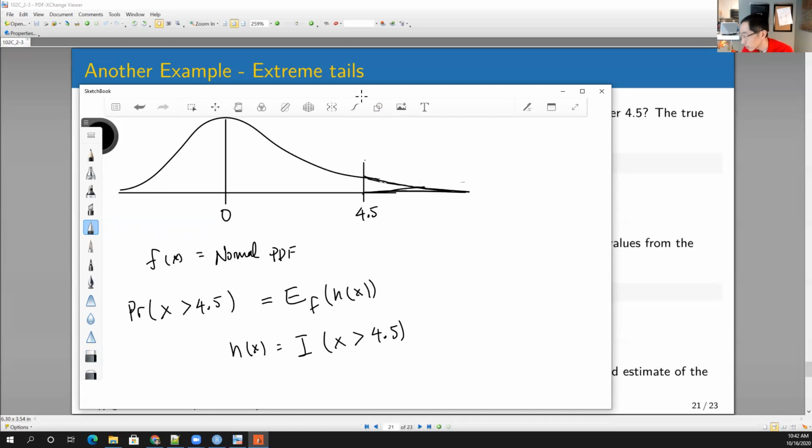So the indicator function, if we were to graph this, is basically 0 here, and then 1 over here.